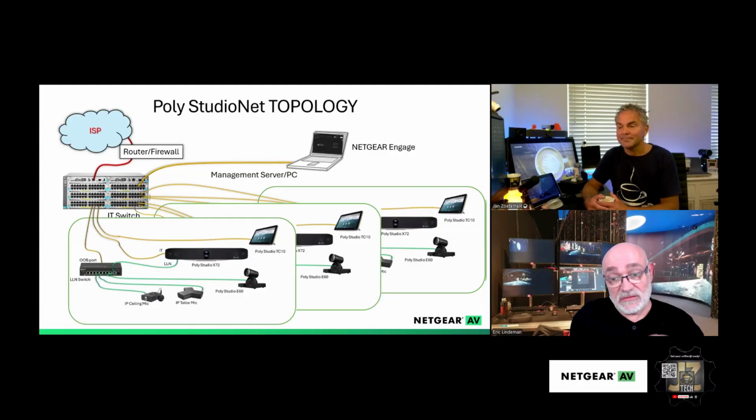So switches, of course, and LANs for the rest of the devices. So when there's a new firmware for the NETGEAR switch, you can update it with Engage. When you have to maintain the Poly Studios, you can use LANs to update those devices or configure extra devices. So I think that is making the combination for NETGEAR and Poly a good workable situation, especially when you also need to remote support your customer.